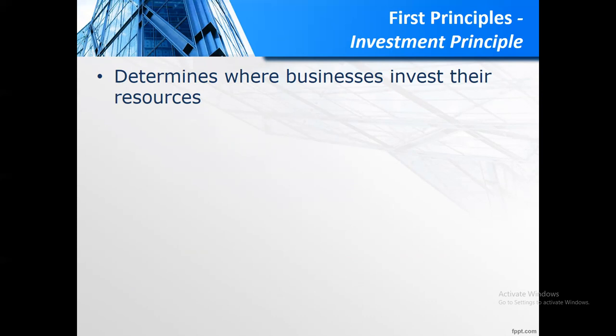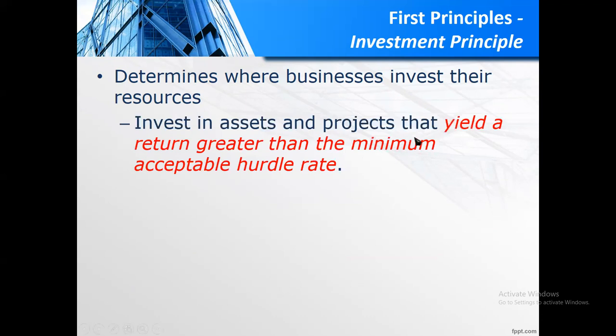If it's a strategic unit, maybe is this a good equipment to invest in? Is this a good technology to invest in? So whatever the level of decision making, whether it's the mother company or the SBU, the decision rule is that the firm should invest in assets or projects where the return, whether it's the IRR or the NPV, should be greater than the minimum acceptable hurdle rate.